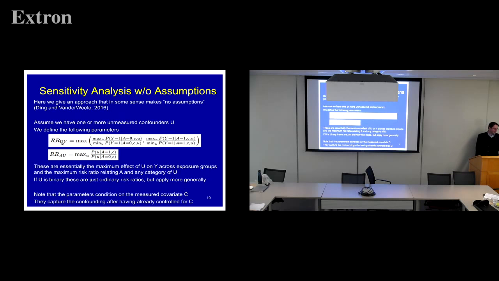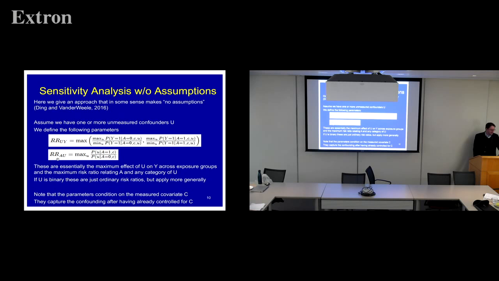For the parameter relating the unmeasured confounder to the outcome, we look at the maximum effect comparing any two values of U. U could be categorical, it could be multivariate, but for whatever U is, compare the maximum effect you can have on the outcome on the risk ratio scale, comparing any two values of U for the unexposed, and then what's the maximum effect of U on the outcome for the exposed, and then you take the maximum of those two. So we're sort of relaxing that no interaction assumption here. You might affect the exposed and the unexposed quite differently, but we're just taking the maximum of those two.